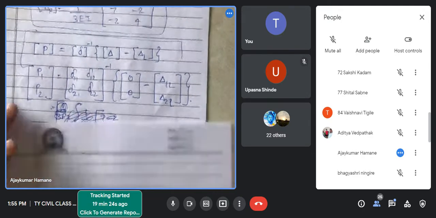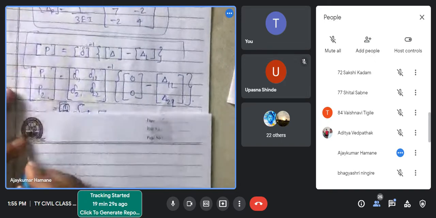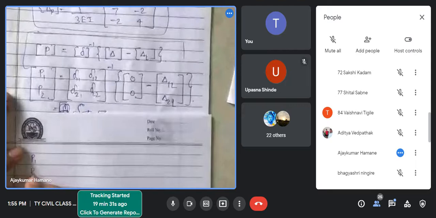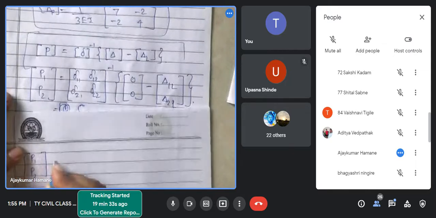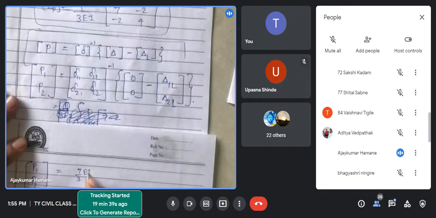We'll take the next page. So P1 and P2. So here what is 7 by 3 EI?